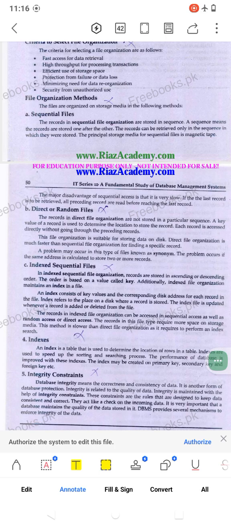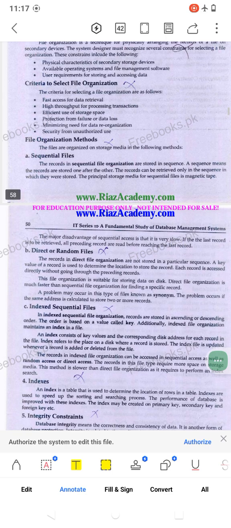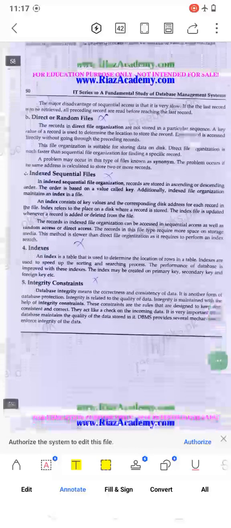You can store the data randomly, not following a particular sequence. In direct or random files, you can also get the data randomly from any index. You can easily fetch that, but in sequential we have to go through the index from one, and then we access that particular data.